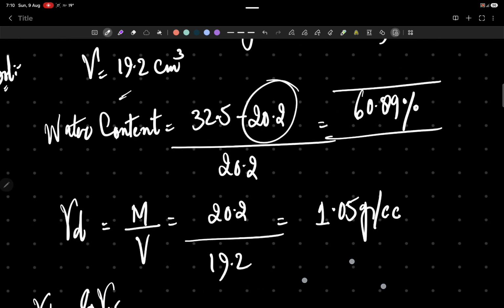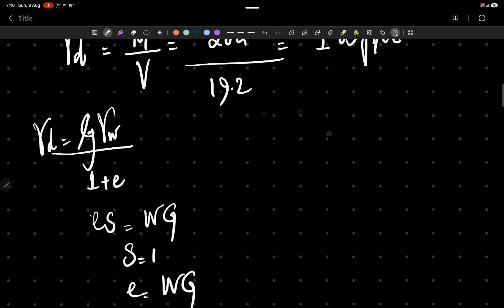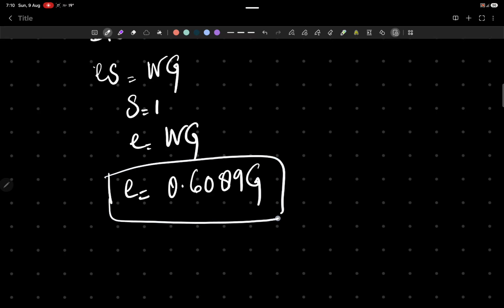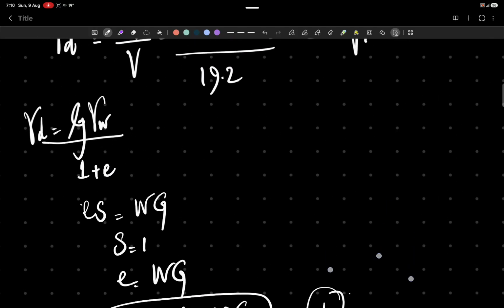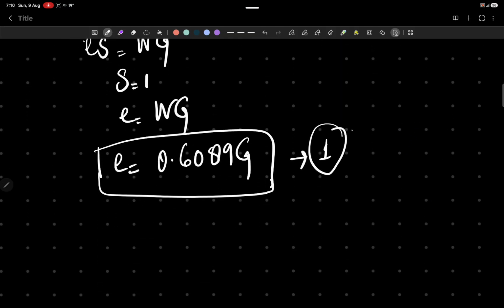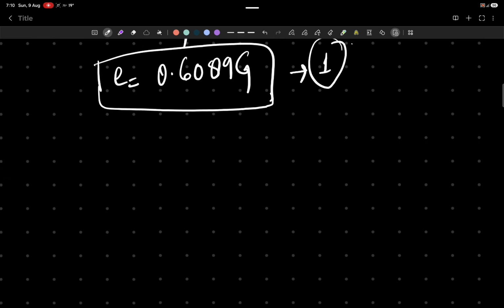Water content, we found it as 60.89%. So e = 0.6089 G. Let me call this equation 1. And let me substitute its value over here so that I can find the specific gravity. Let me write it again.